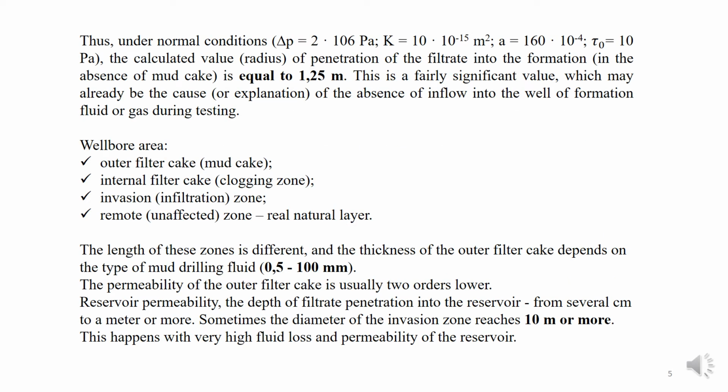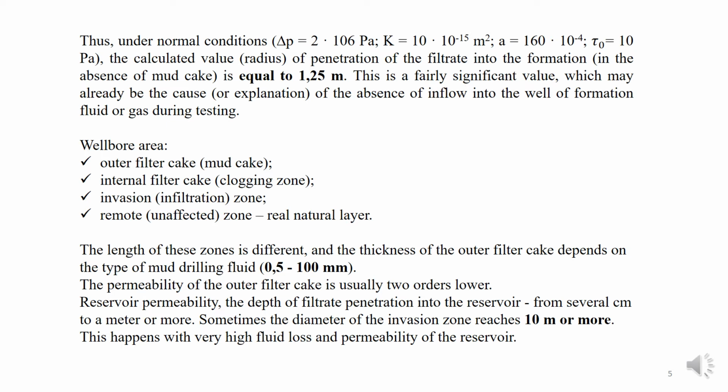Under normal conditions, for example, the calculated value of penetration of the filtrate into the formation is equal to 1.25 meters. That is in the absence of the mud cake.